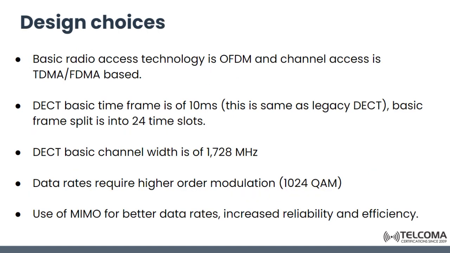It has various design choices: the basic radio access technology is orthogonal frequency division multiple access, and the channel access is TDMA or FDMA based. The DECT basic time frame is 10 milliseconds, the same as the legacy DECT system, and the basic frame split is 24 time slots.